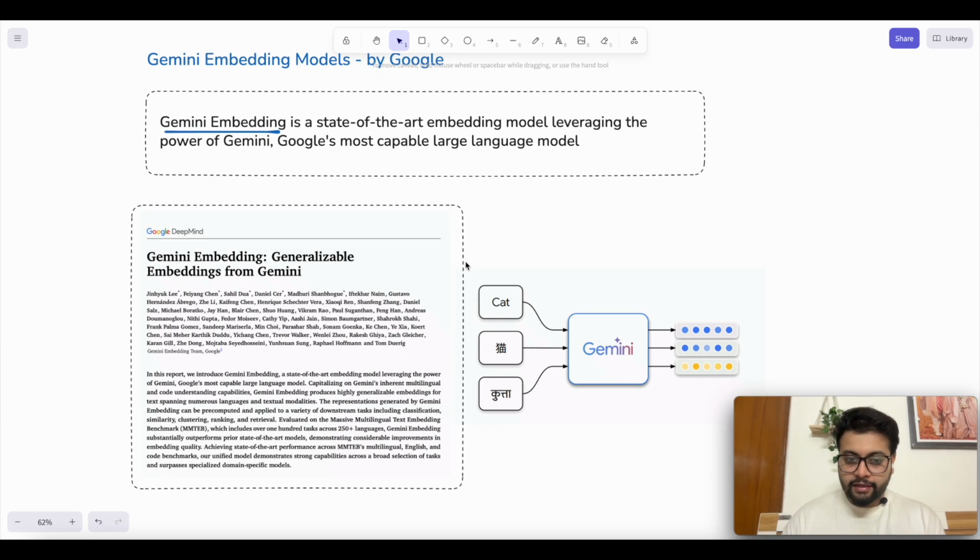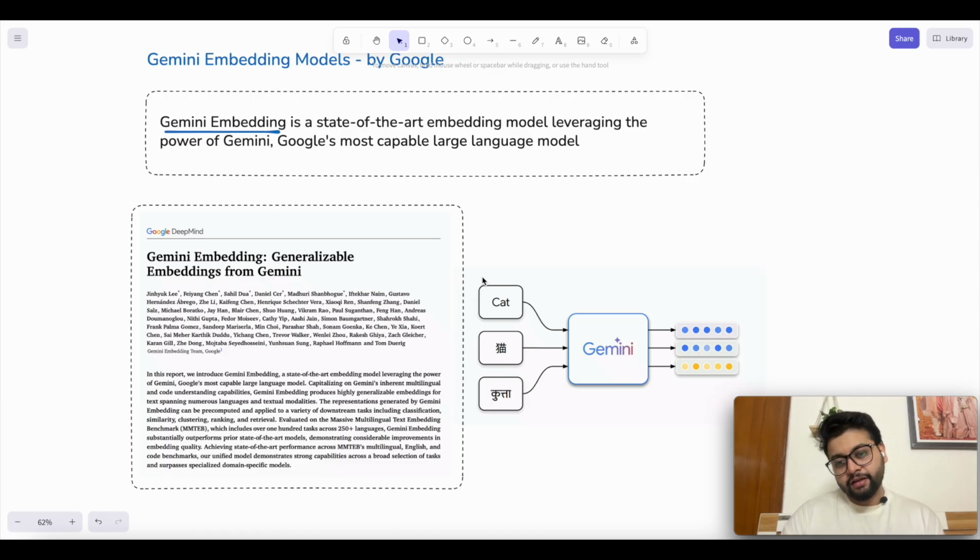And here in the diagram, you'll see on the left side, I have attached a paper of Google DeepMind, which is actually a technical report of the Gemini embedding when it was launched. And on the right side, it shows how these embeddings try to map multilingual words in a dimension space together. You'll see some pet words in different languages, I guess in English, Hindi, and maybe Chinese, some language like that.